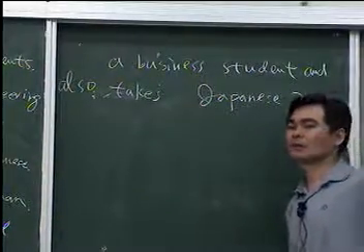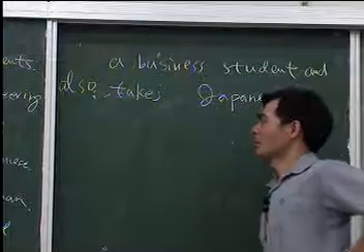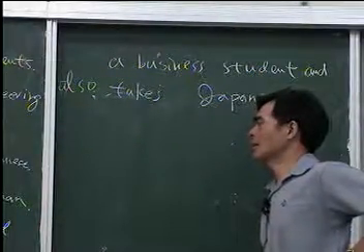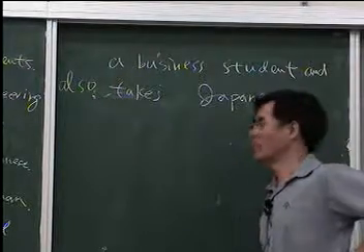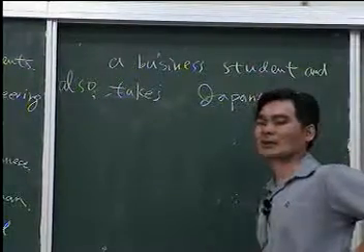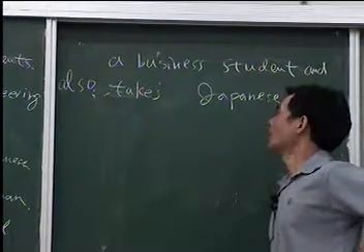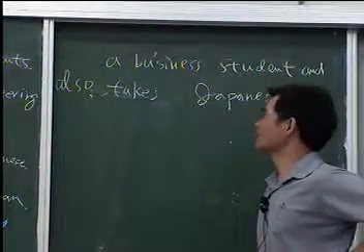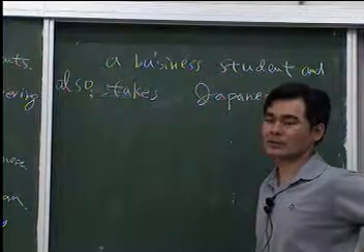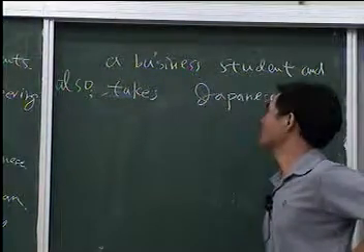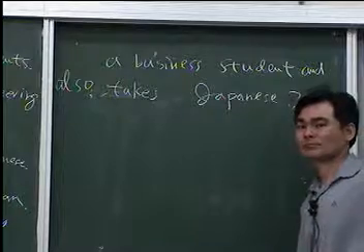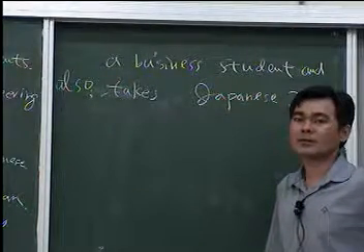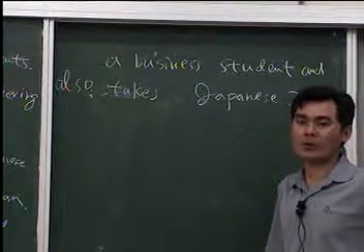You have information about their majors. And then you have information about the probability that they take classes, okay, for 3 different kinds of language classes. And so now, we are asking you, what is the probability that you choose a business student and also he takes Japanese? So basically, you have to translate the whole thing into a formula, okay?